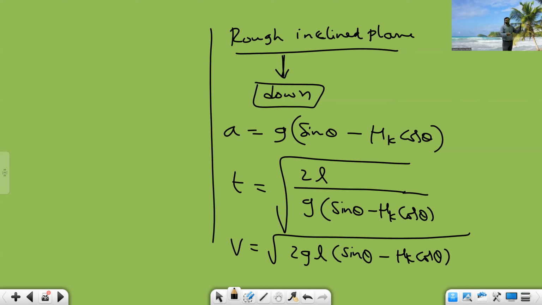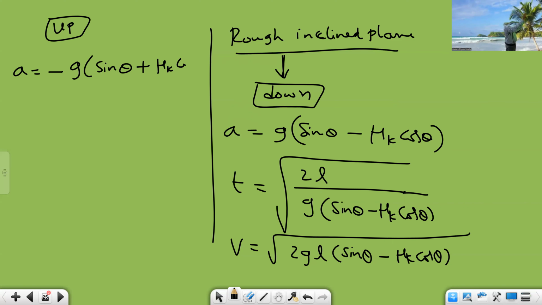Here these are the acceleration, time, and velocity. Next, for the rough inclined plane going up, same as the previous smooth incline going up, a is equal to minus g into (sin theta plus mu k cos theta). Here we get a plus sign.